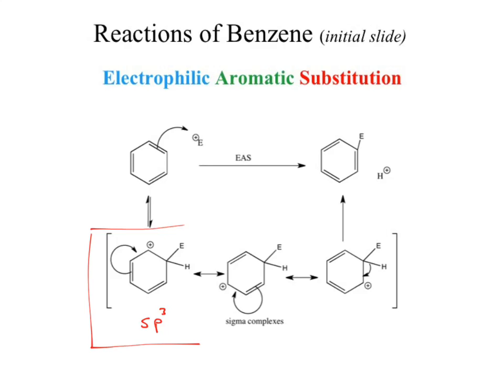When we're looking at our EAS reactions, these are the three resonance structures that I would expect you to draw and come up with each and every single time. Okay? Each and every single time. So if asked to provide a mechanism, if you go from starting material to this first structure and then jump straight to your product, you lose points because you didn't provide all the resonance contributors.